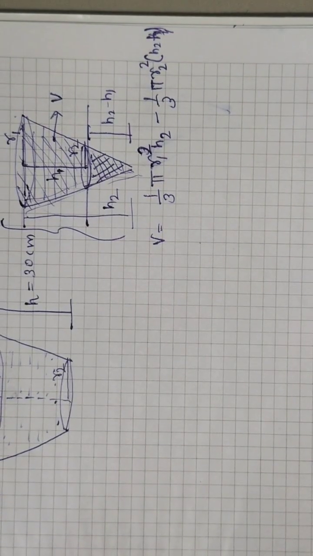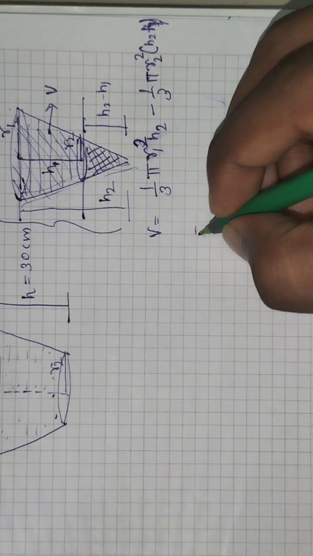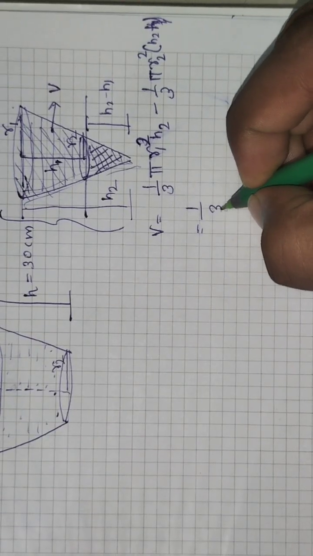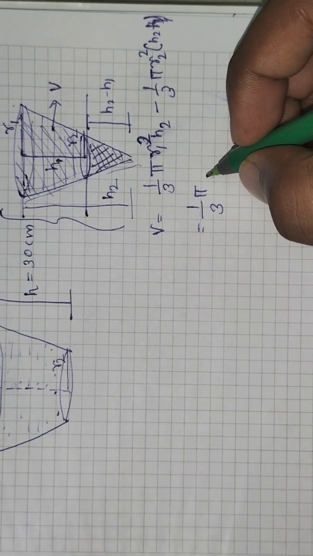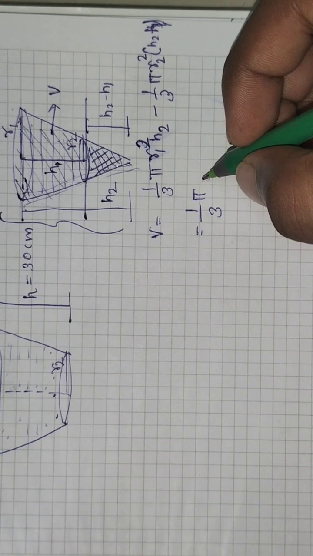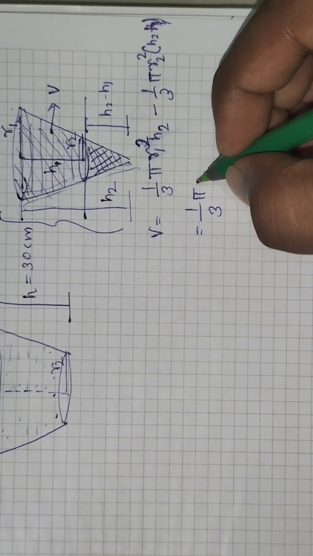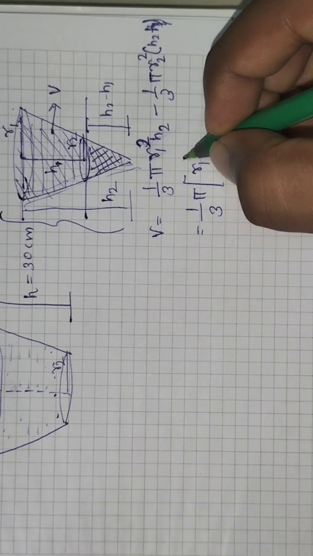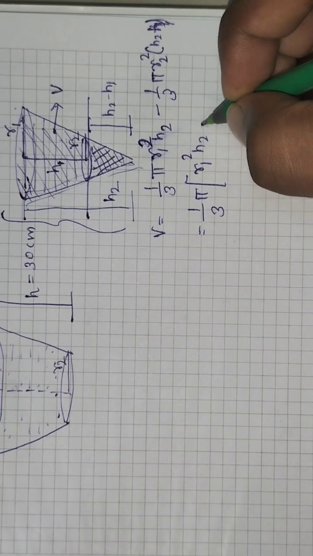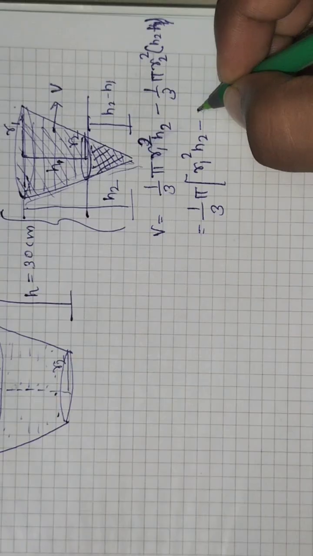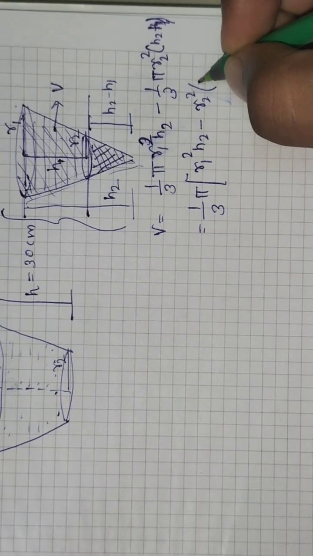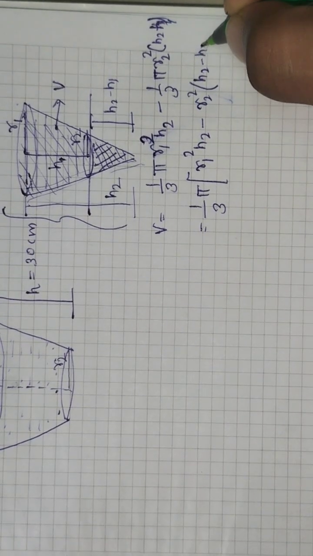Guys, I hope you understand. So 1 by 3 pi is common, so I will take it outside: 1 by 3 pi [r1 square h2 minus r2 square (h2 minus h1)].